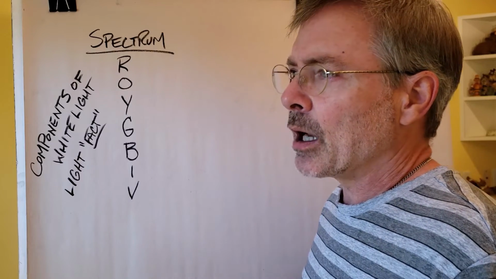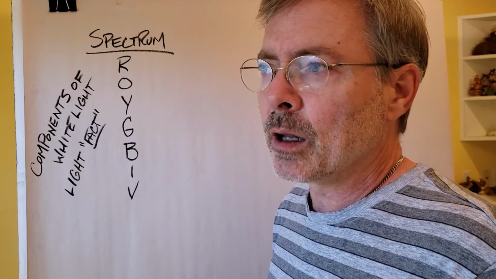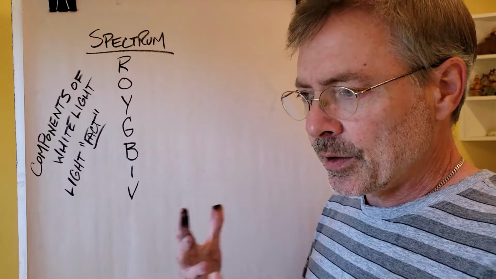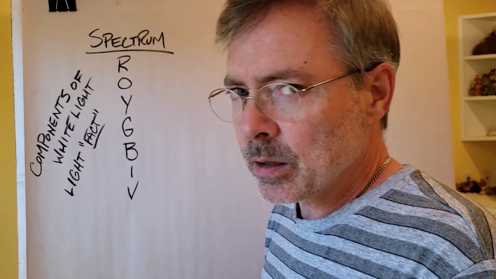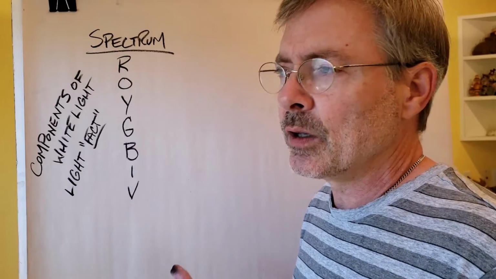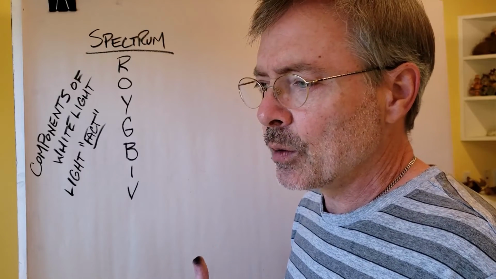Instead, what we're looking at when we see color is the reflection of light. So what that means is that white light will hit a surface and then it will reflect some parts of that white light, one of these components or some combination of these components, back to our eyes as the viewer.